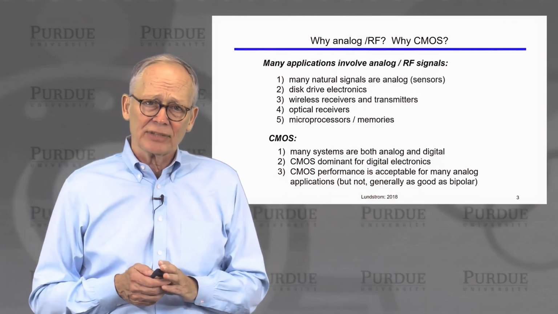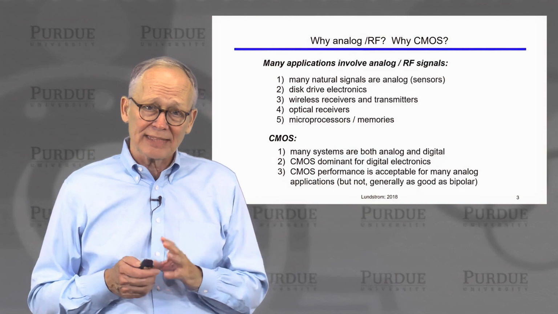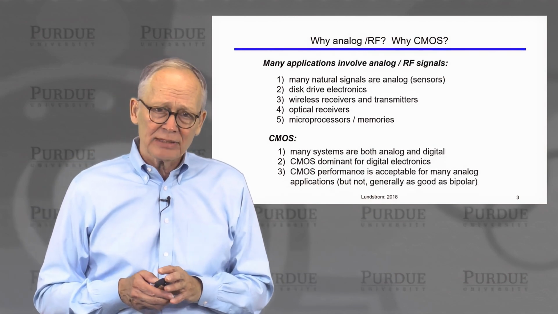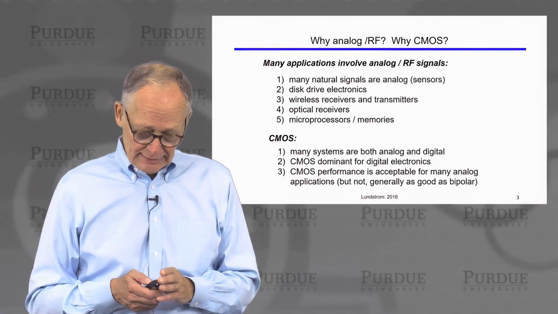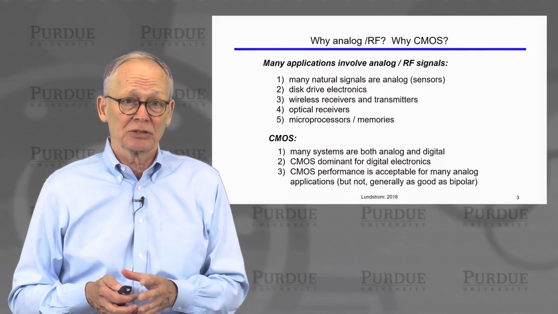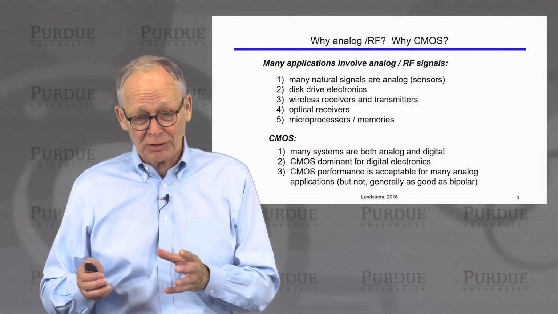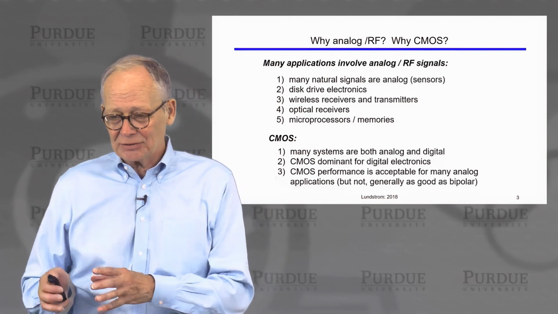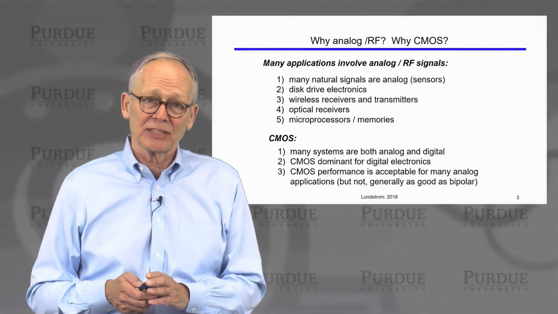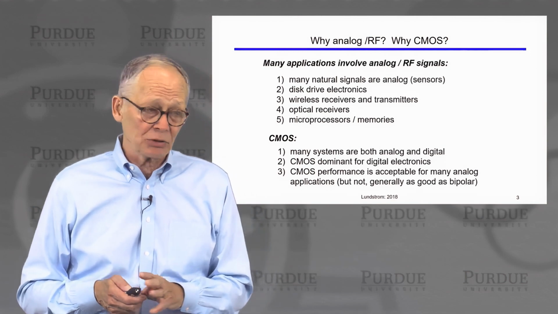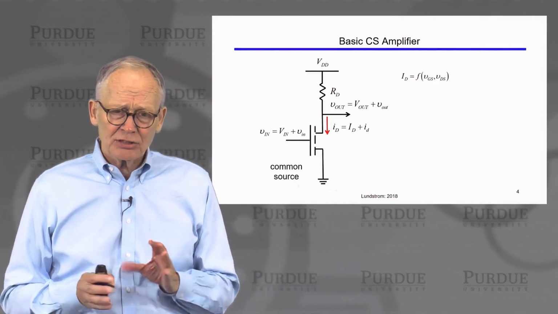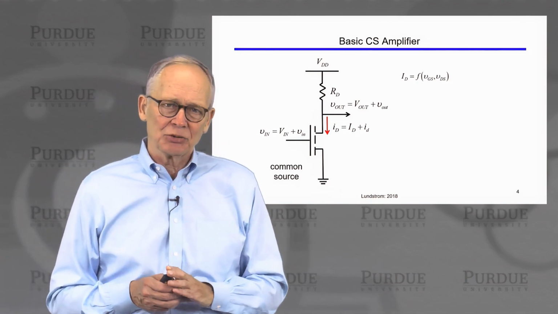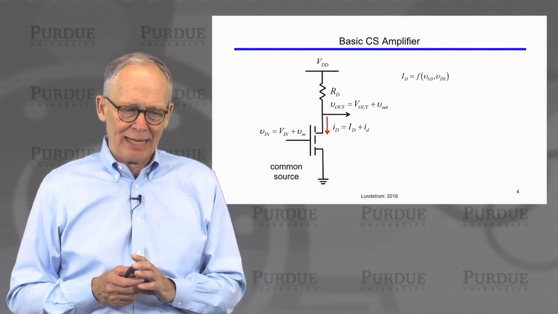And over the last several years, CMOS analog performance has increased to the point where you can do quite a lot of CMOS analog without having to resort to bipolar transistors. You know, there are special applications. The highest frequencies and highest performance applications are often done with bipolar, but quite a lot can be done with CMOS.